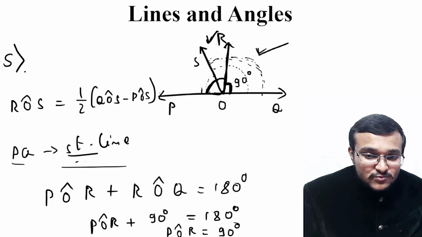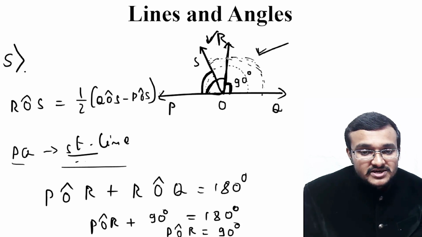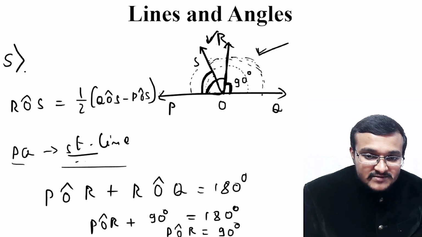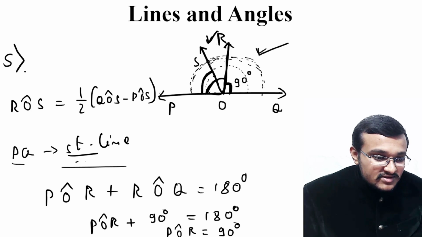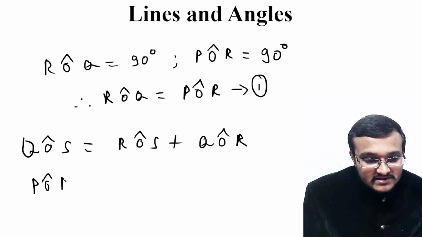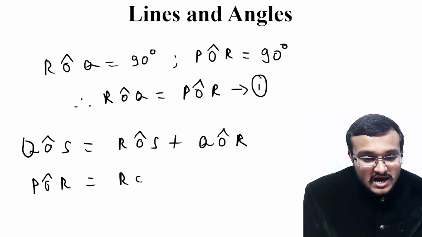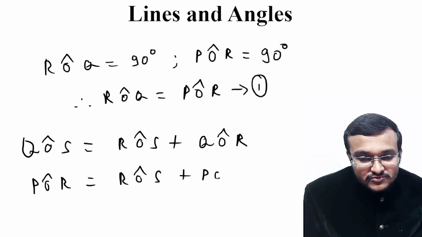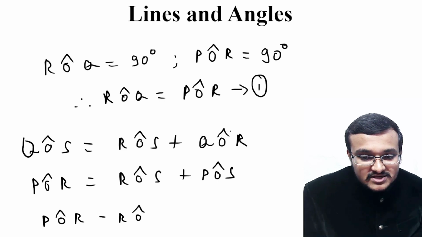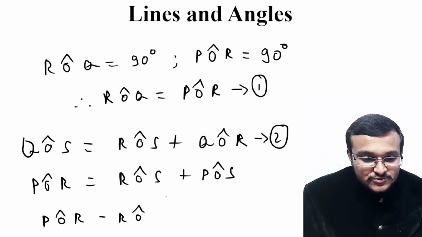Now we'll try to calculate what the angle POS is. Here POR is the total angle, so this POR is the angle which you have here. So you can write POR is equal to ROS plus POS. We call this equation 2.